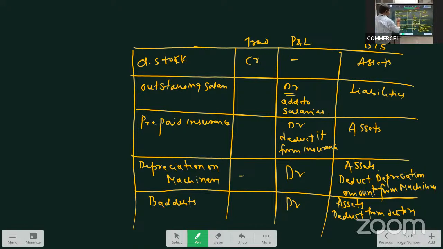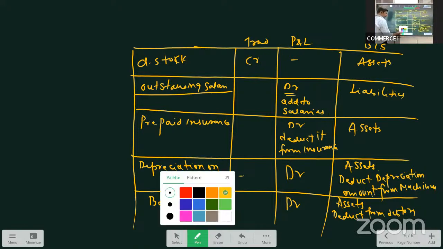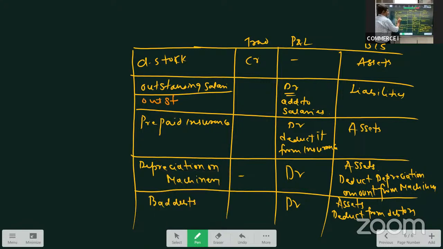Suppose it is outstanding wages. Instead of outstanding salaries, they will give outstanding wages. Then we'll take it in debit side of trading account. What do we do? Add to wages. And then again shown as a liability. Okay. Good.